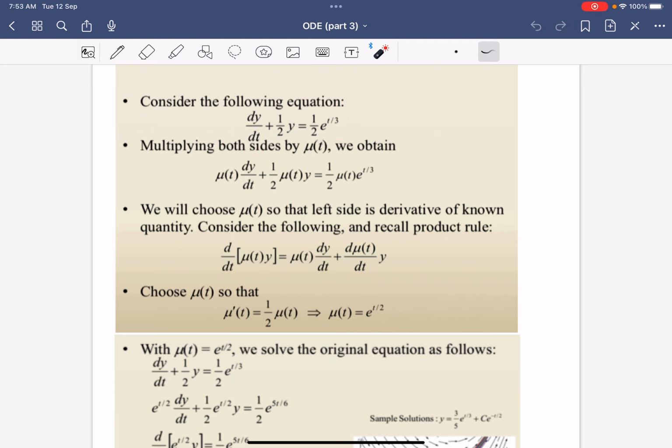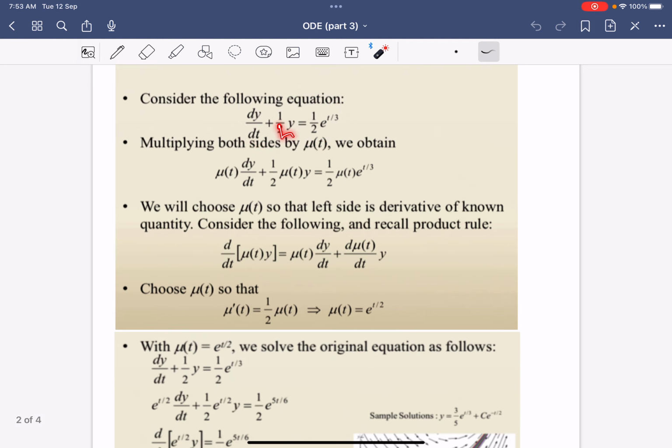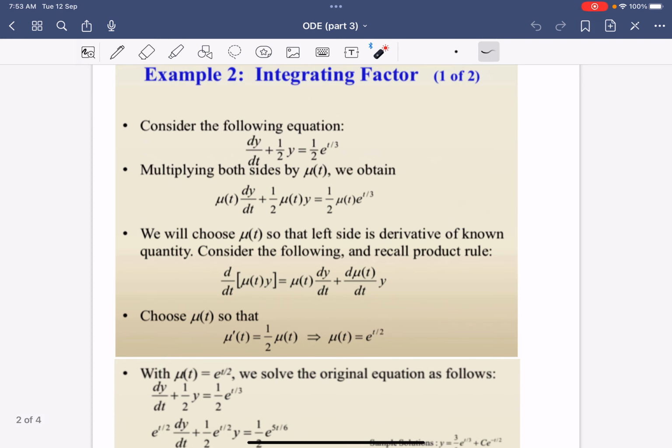With that idea, let us consider the following equation. We've got dy/dt plus half y equals this function. What we want is to multiply a function mu to the equation, so that this equation becomes a derivative of mu times y. As a result, this indicates that d mu/dt is half mu.